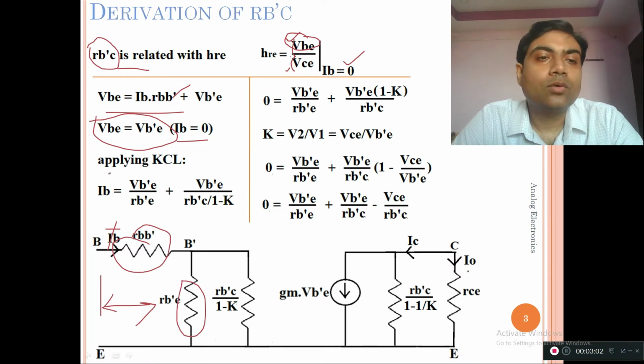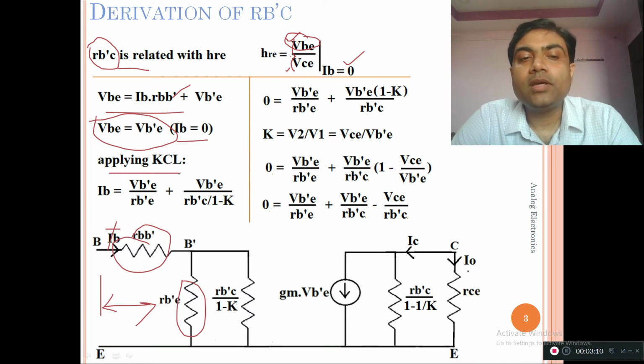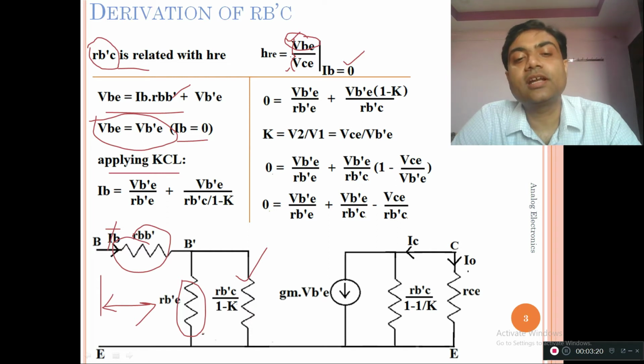Now I am applying KCL. Why? Because I want to calculate VBE and RB'C. RB'C is present at the input side, though it is also present at the output side, but VB' is directly related with RB'C at the input side.